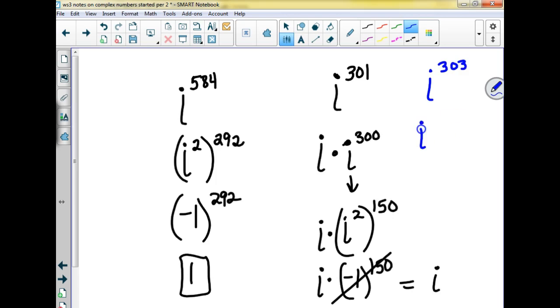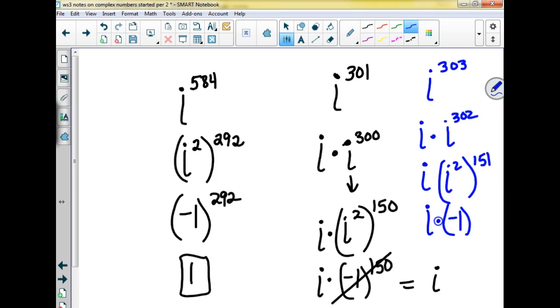Because I would take 1 out and then I'd have 302, which is what? i squared 151 times, which is negative 1 to the 151. And what's a negative 1 to an odd power? So I'm going to have a negative 1 times that i out there, which is negative i.